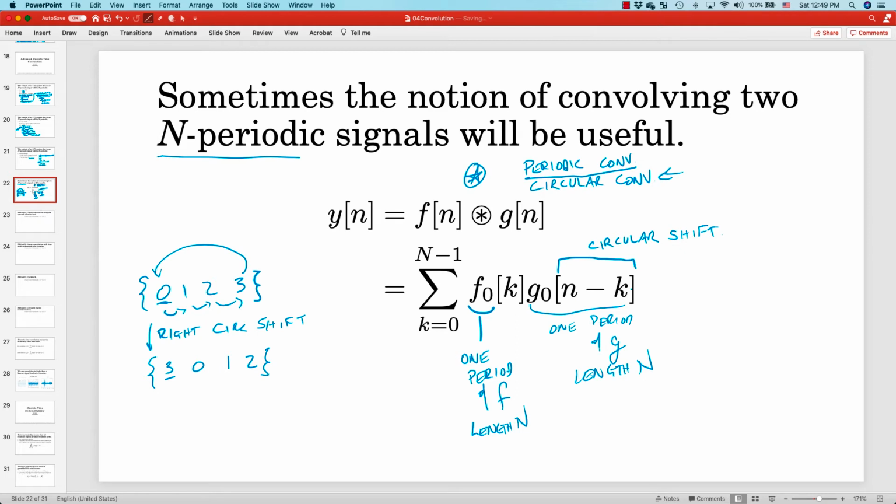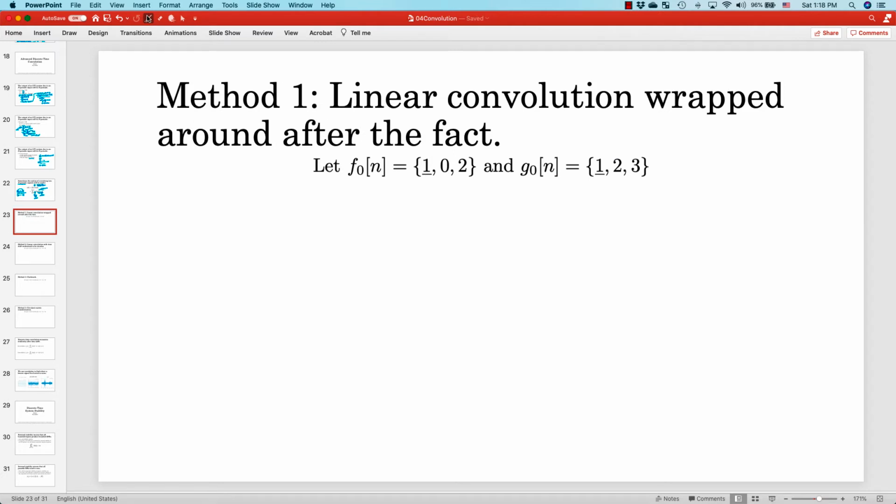Okay, and so that's what I mean here when I talk about a circular shift of N minus k. This is g0, so one period of g, as a function of k, flipped around, and then circularly shifted by N units. Okay, so let's see that in action. There are actually several ways to compute the circular convolution of two N periodic signals, but they all revolve around reducing both signals to just one period.